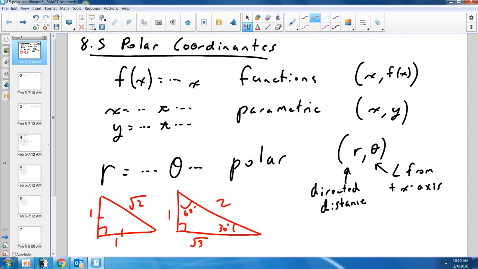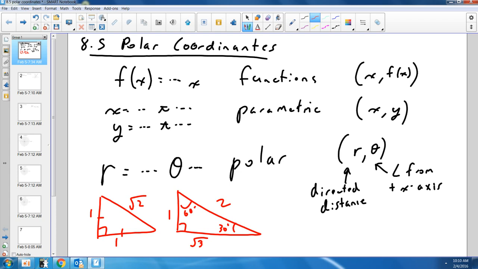If you don't, it's going to be longer and a little bit more cumbersome. So we're going to remember the 1 is opposite to 30, the radical 3 is opposite to 60. You're always going to reference the short side here in going to the other two on the 30, 60, 90.